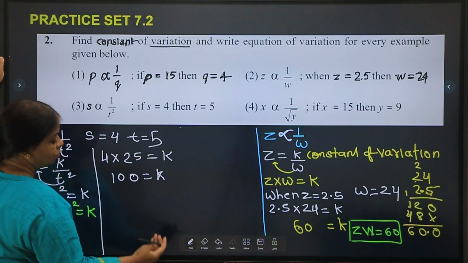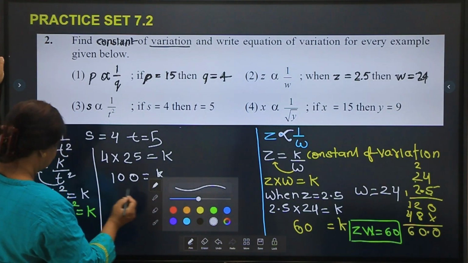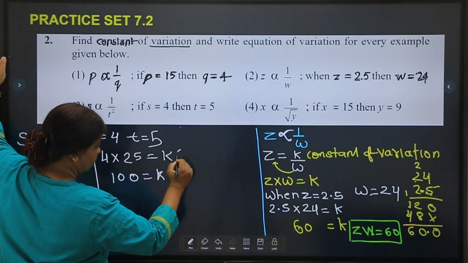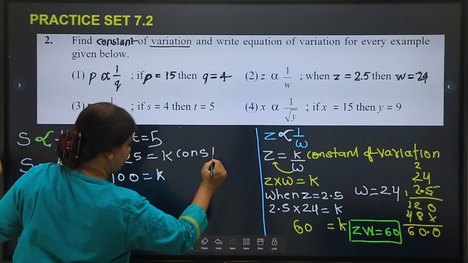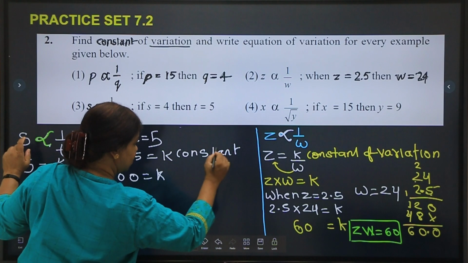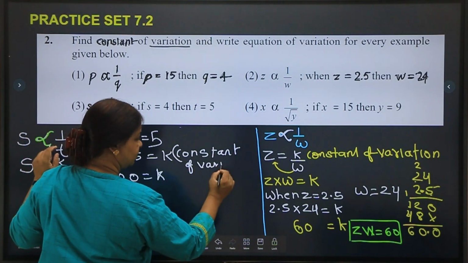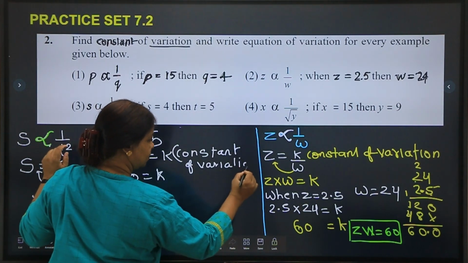You got k value, you can write down. What is k here? K is constant of variation. I never wrote it here, I am writing it here: constant of variation.